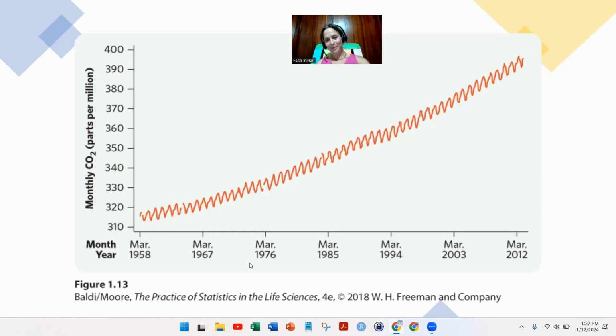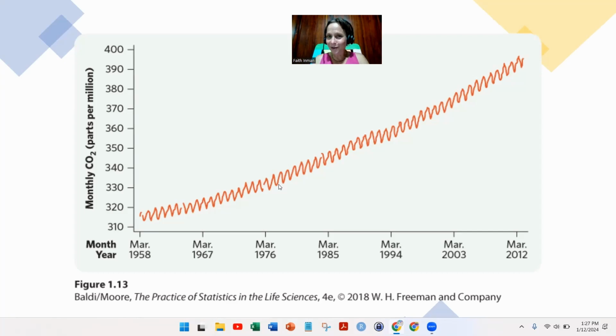And you might ask, well, what about the southern hemisphere? What's going on there? Yes, there is a lot going on there too, but there's just so much more land mass and so much more forest in the northern hemisphere that it dominates this seasonal trend. It's pretty interesting.